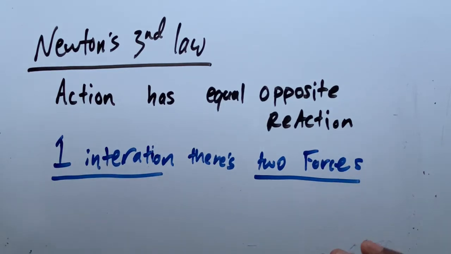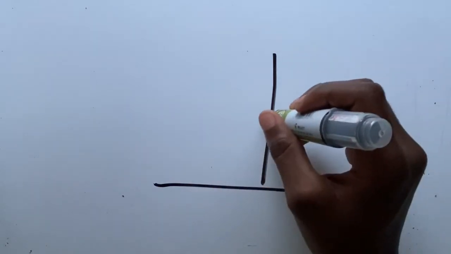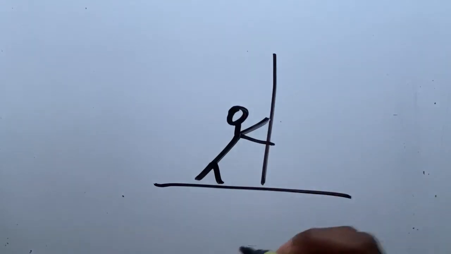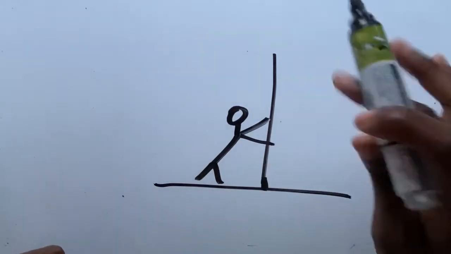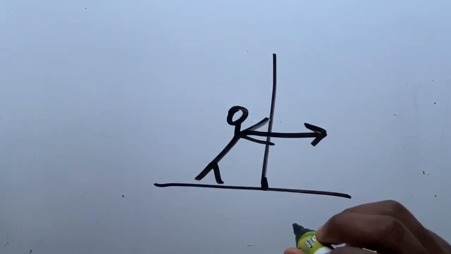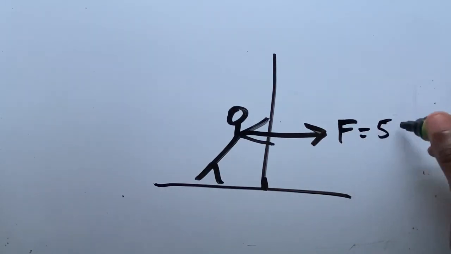So let's go to the scenario where you're pushing on a wall. Let's say here's a wall, boom. And here you are trying to push on the wall. You can't move it. The wall is just going to stay there. And you're pushing on this wall this way as hard as you can, let's say with a force of 50 newtons.